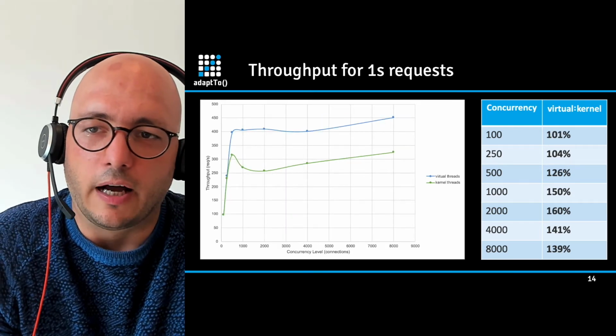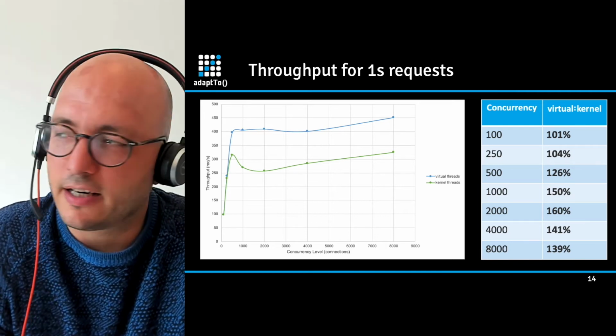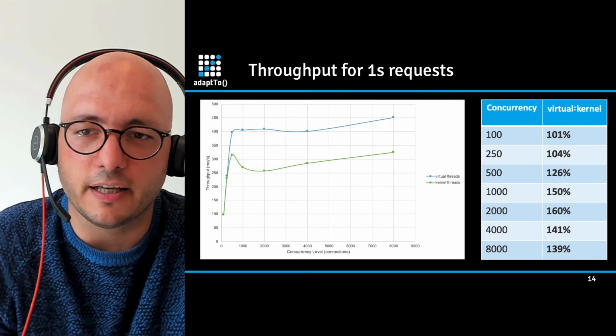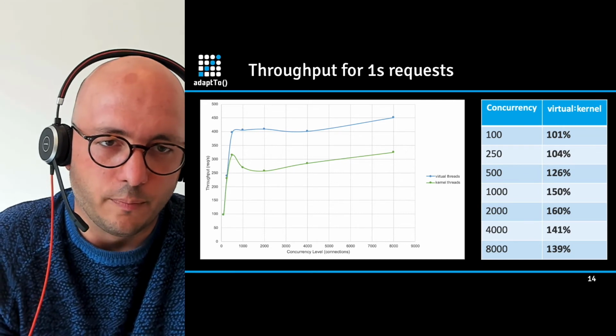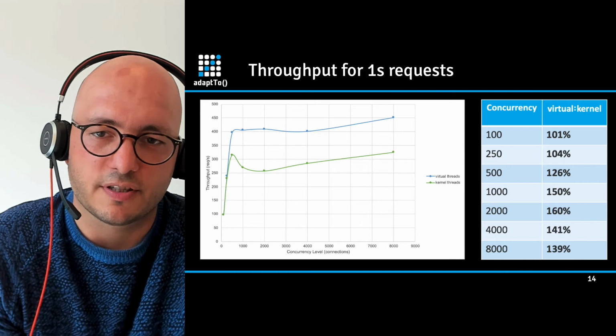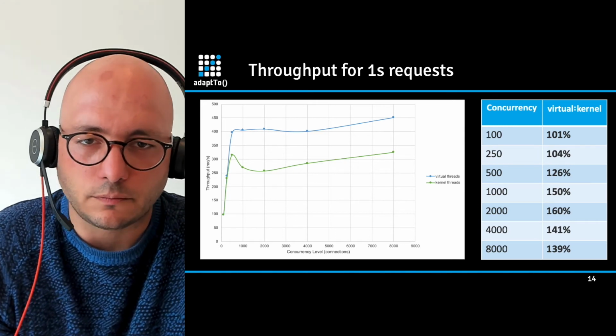When I tried with requests that have a 1 second latency on average, I get a similar result. The increased throughput for virtual threads is around 60% at best, but the general picture is the same.